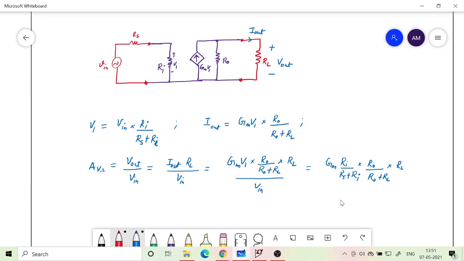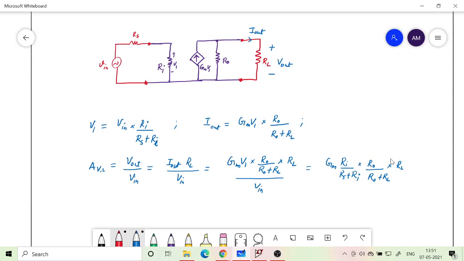You can check whether the unit is correct or not. Since it is voltage gain, a ratio of two voltages, I should not have any unit for this quantity. So you can just do a dimensional analysis to quickly check whether any dimensional problem is there. Each of these fractions is resistance by resistance, so they will not have any unit.